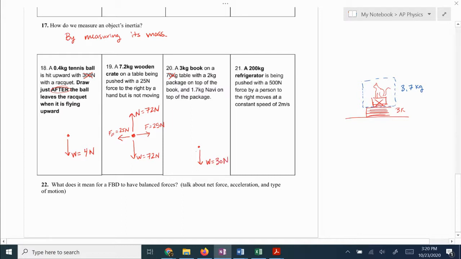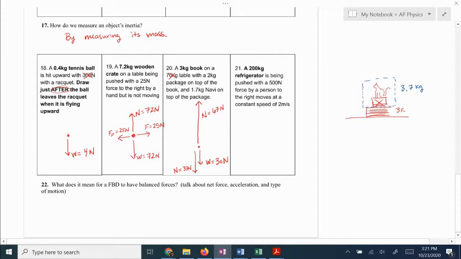We then have the force of the package, which is technically a normal force because it's the surface of the package, and it is going to be 37 newtons. And then we have the force of the table, which is a normal force, and it is going to be 67 because it is 30 plus 37. So that's going to be 67.